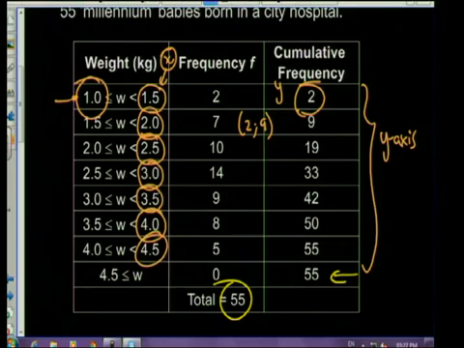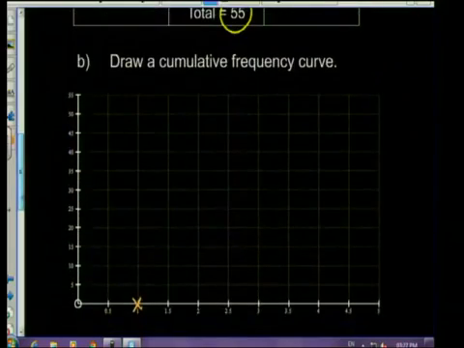So I get all the coordinates, remembering that this 1.0, which is the lower bound, is going to cut the x-axis, which is known as the x-cut. So the lower bound is always where I start. So the very next point, I'm going to 1.5, and I'm plotting y is 2. So let's go 1.5, y is 2.